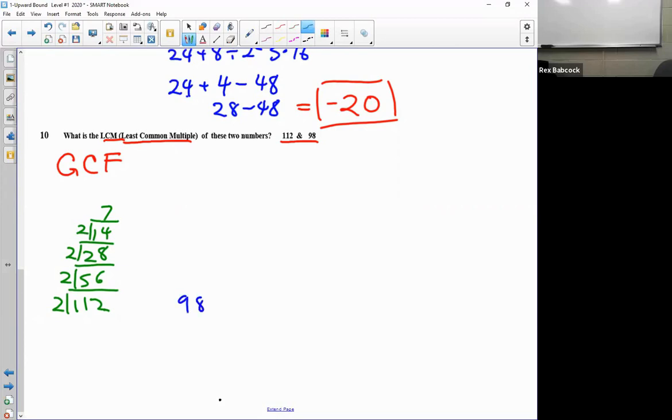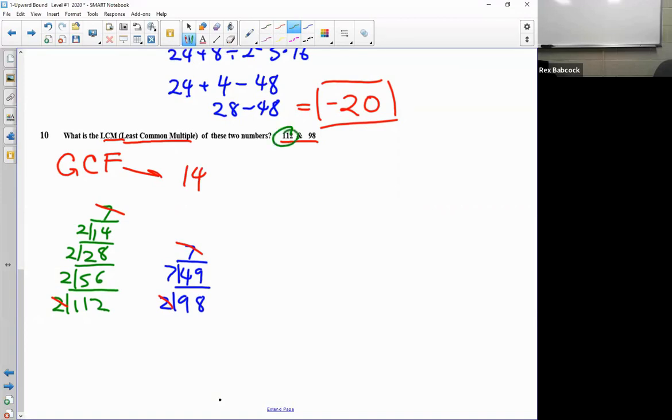98. 2 will go into it 49 times, 7 and 7. So the greatest common factor is, have a 2 in common, and have 7 in common. It's 14. Then I'm going to multiply by the leftovers.